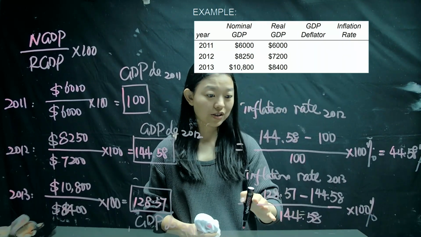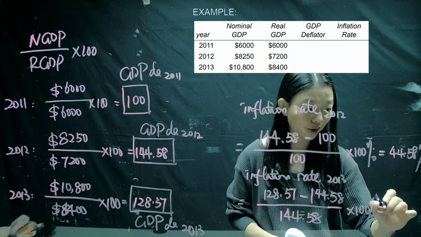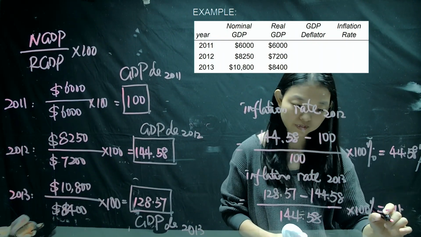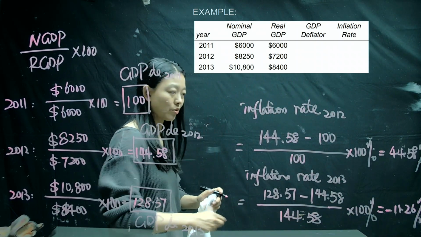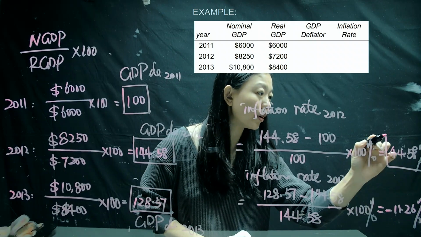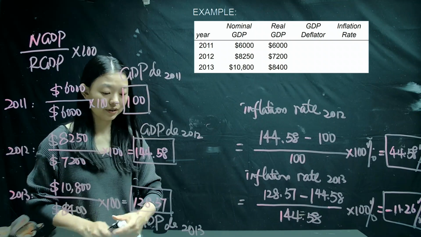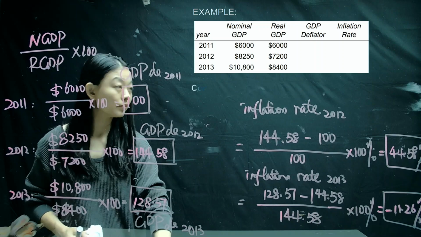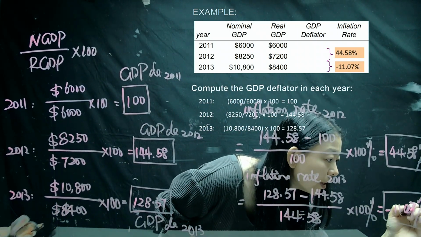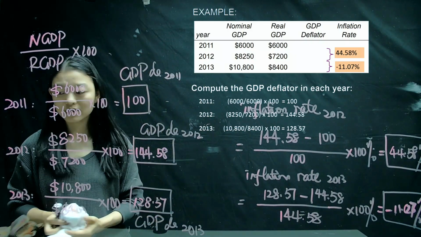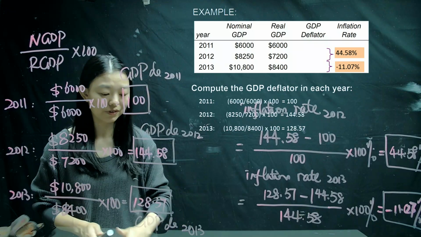From this part you can get the inflation rate in 2013, which will actually equal negative 11.07%, okay, negative 11%. So this is the way that we can compute the inflation rate based on GDP deflator.